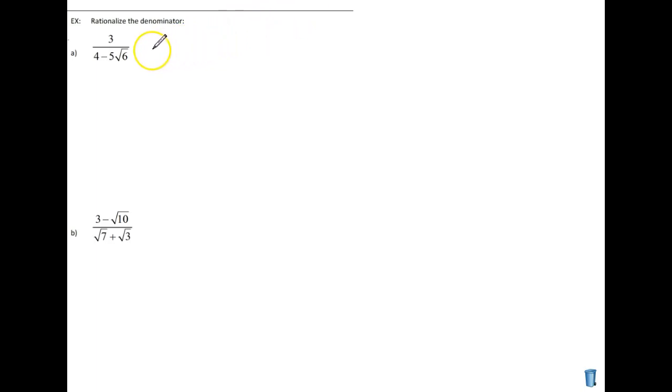Okay, so again, we're multiplying the numerator and the denominator by the conjugate of your denominator. So this becomes 4 plus 5 square root 6, or 5 radical 6, depending on how you want to say it. Doesn't matter. Okay, so my numerator, I get 12 plus 15 square root 6.